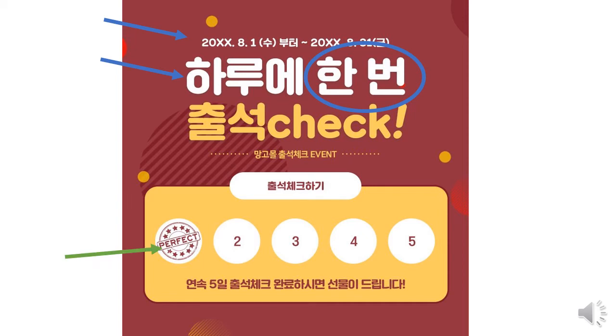And look at this. Stamp. Number one is hidden behind the stamp, right? If you go there one time, you get one stamp. If you go there two times, you get two stamps.